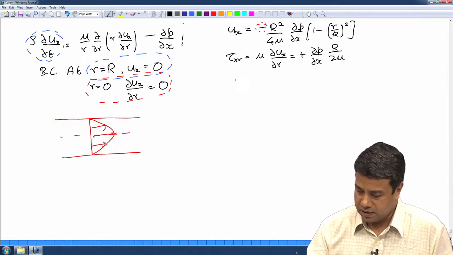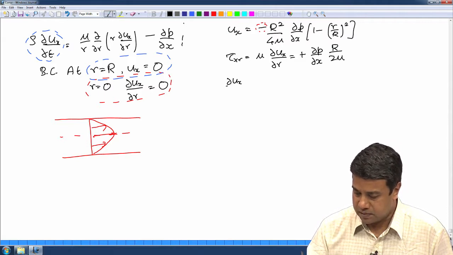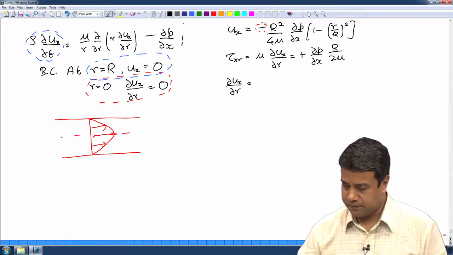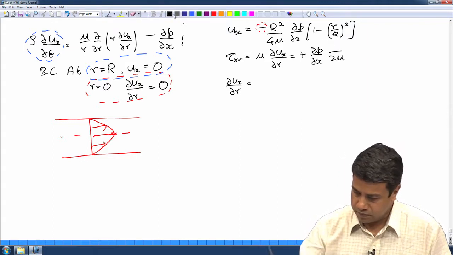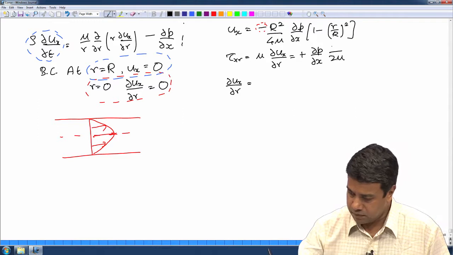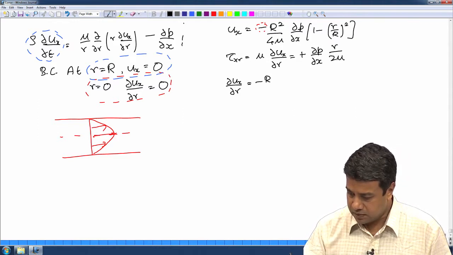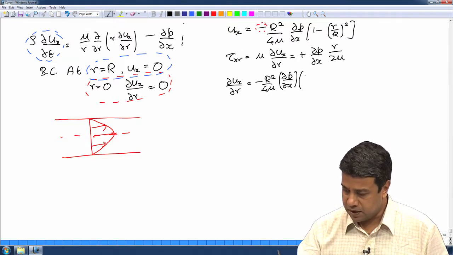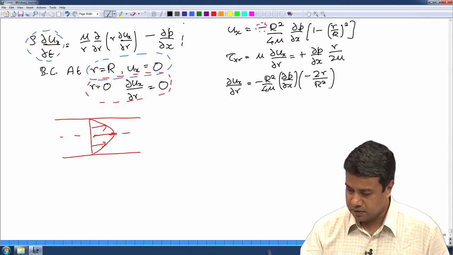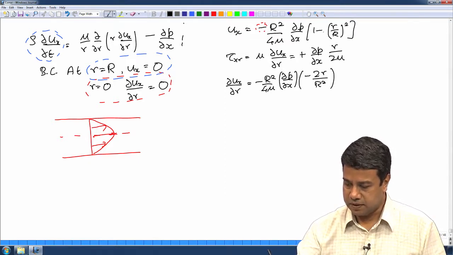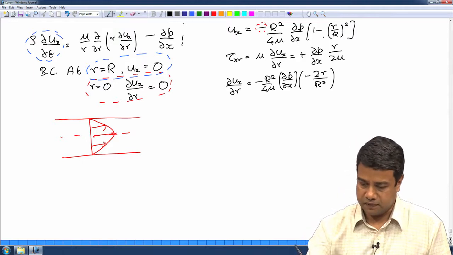Partial ux by partial r is equal to minus R square by 4 mu dp by dx into minus 2r by R square, if I take the derivative of this term.